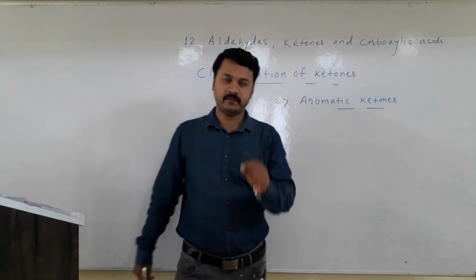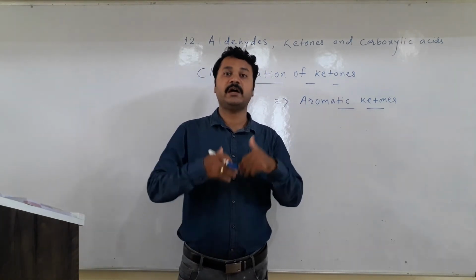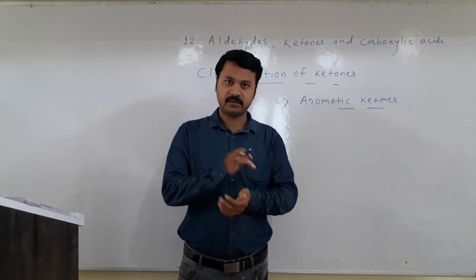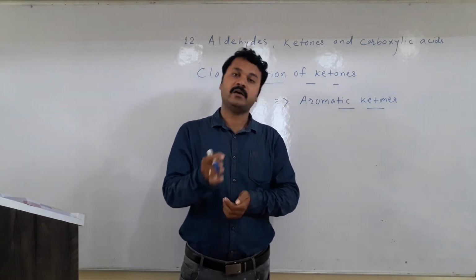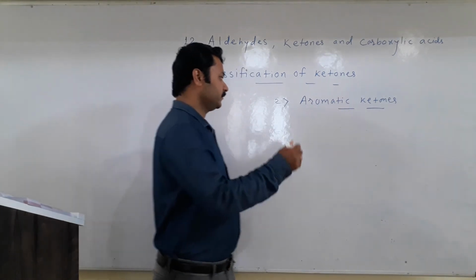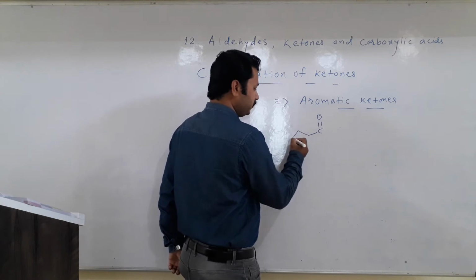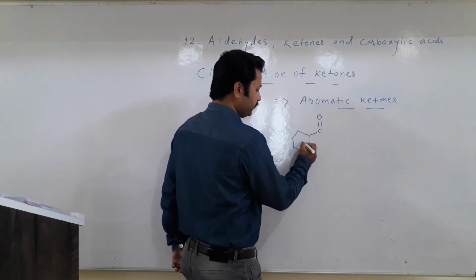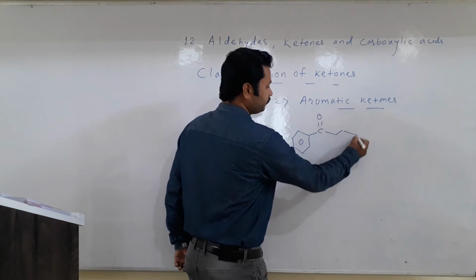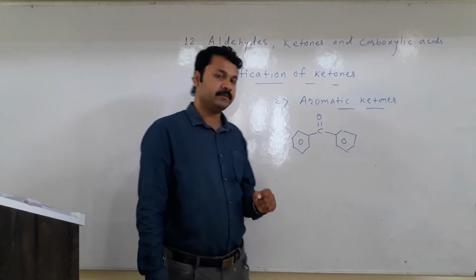Aromatic ketones means in which carbonyl group is attached to both the aryl groups or one alkyl or one aryl groups. For example, CO is attached to two benzene rings. It is one of the example.